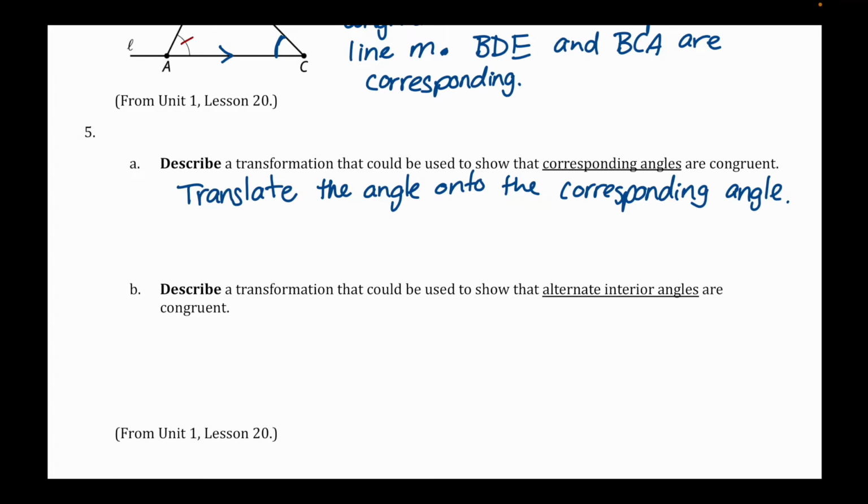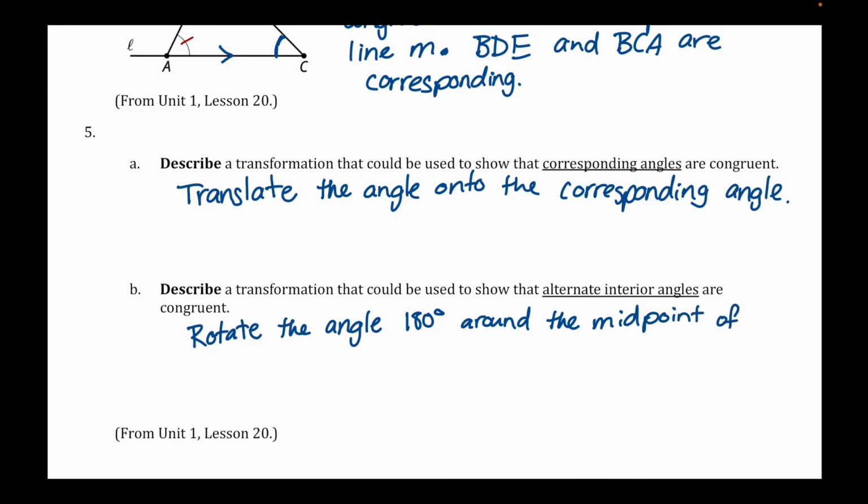Instead of just saying rotate it onto it, we're going to say rotate the angle 180 degrees around the midpoints of the two vertices.